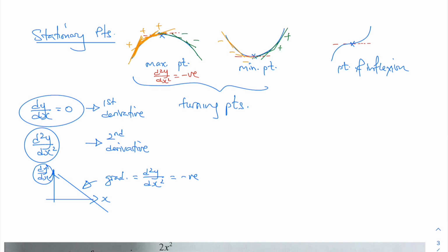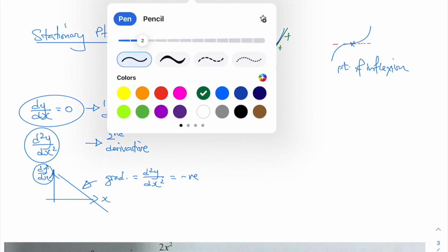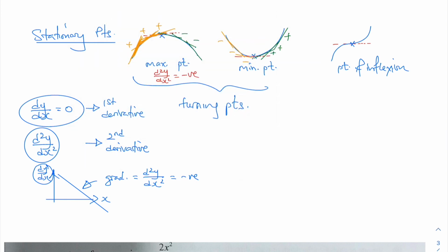So this is a positive gradient, getting more and more steep. So if we come back to our argument earlier, we plot a graph of dy/dx against x for the minimum point, moving from negative to positive.